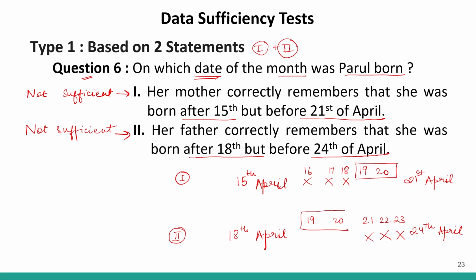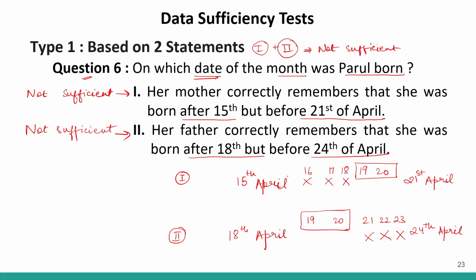So according to statements 1 and 2, Parul could be born either on 19 or on 20. So even now we are getting 2 different possibilities. So statements 1 and 2 together are not sufficient to get the exact date on which Parul was born. Correct?